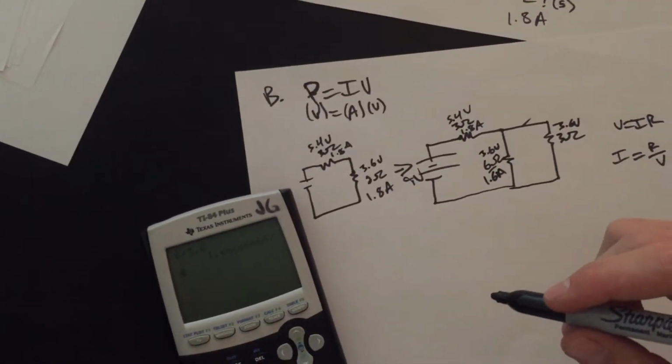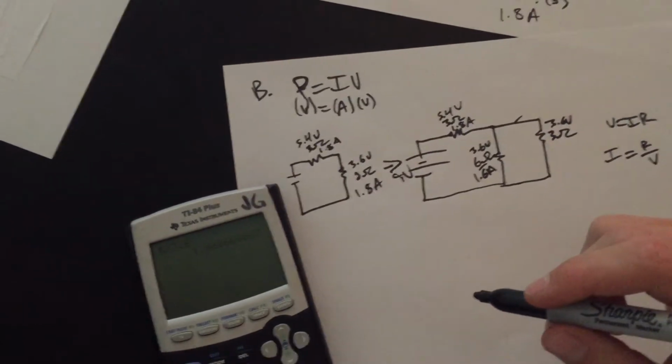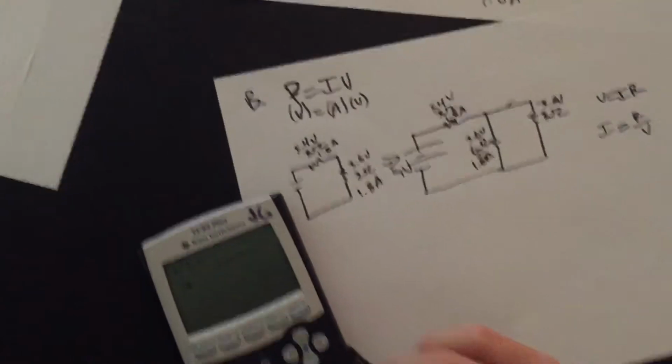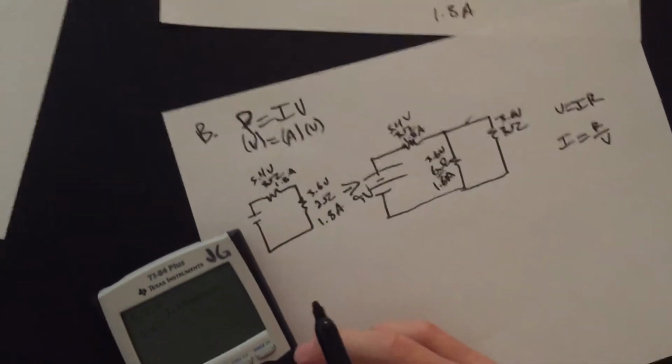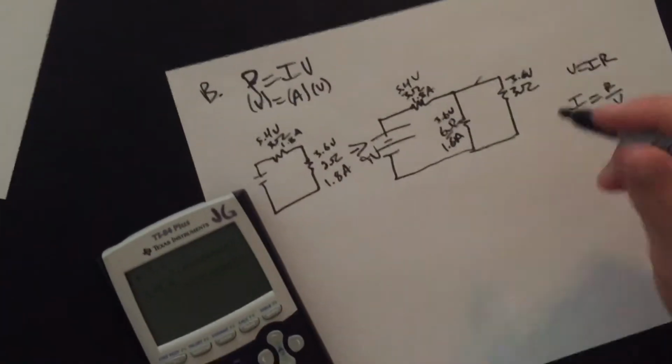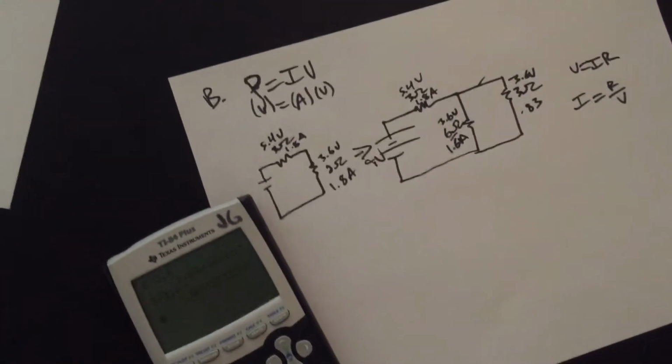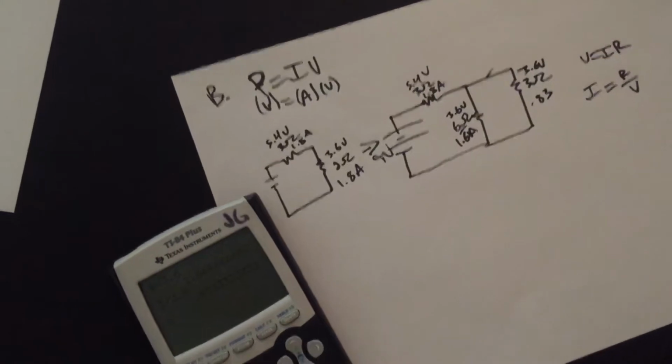Then you're going to do the same thing here. So 3 divided by 3.6, which is going to be 0.83 amps through the whole thing.